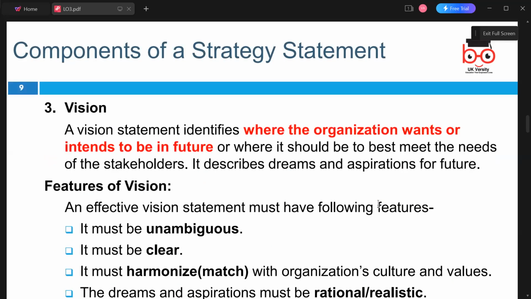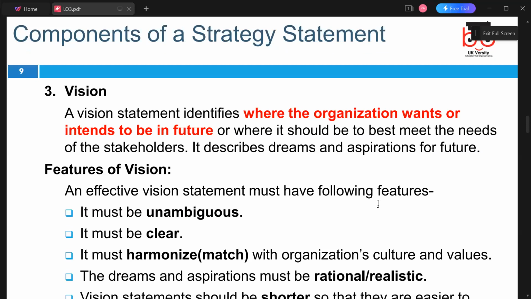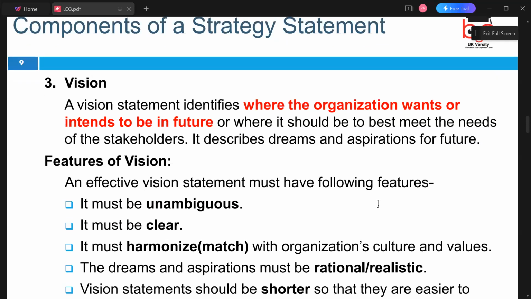Vision, as we mentioned before, is really important because it is where our company is working towards. So with a clear vision, we will now set our goals and objectives. Some features of vision are that it has to be unambiguous, it has to be clear, and must harmonize or match with the organization's culture and values.